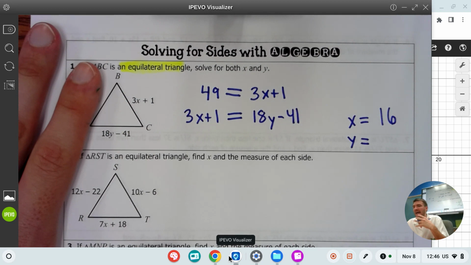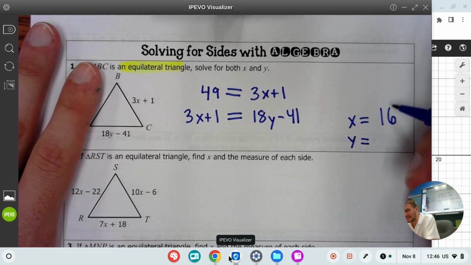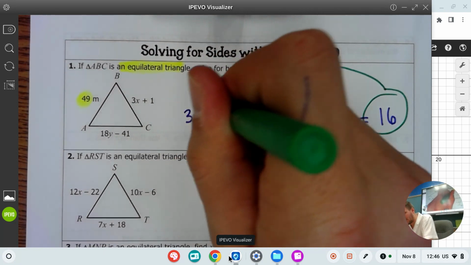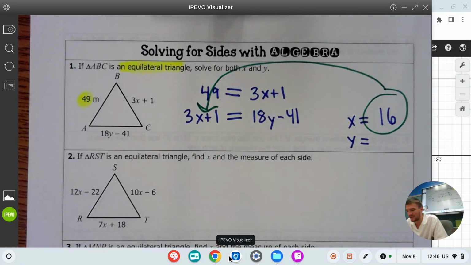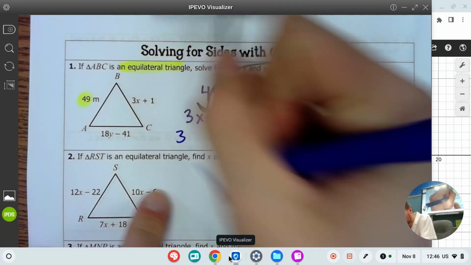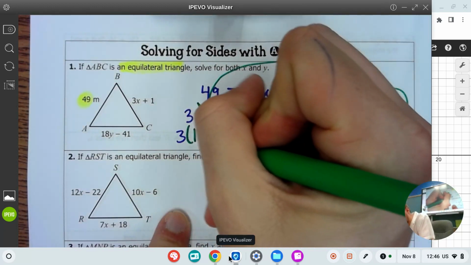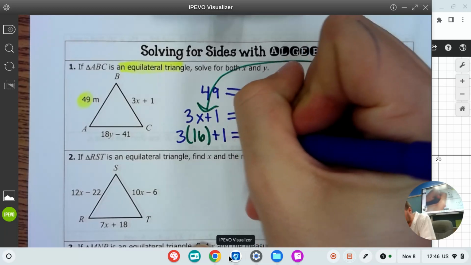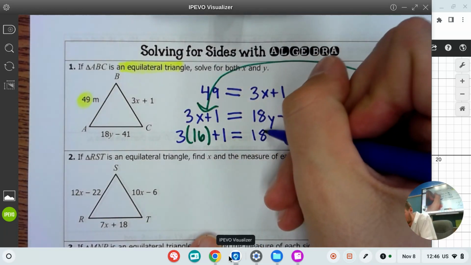But again, you cannot solve for a question if you have 2 variables, and so we need to switch it up and take this x that we have here and plug it into the x value there. So we should have 3 times 16. Again, all of this is a process that we've done before with angles, with lines, with all of this stuff.